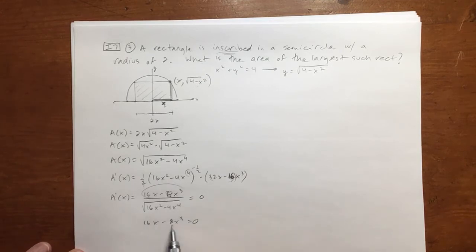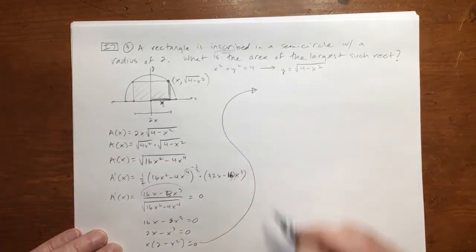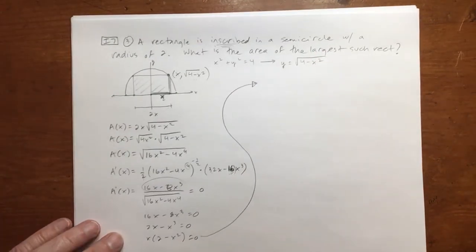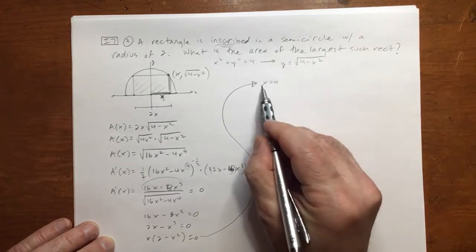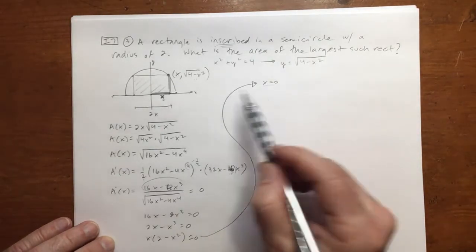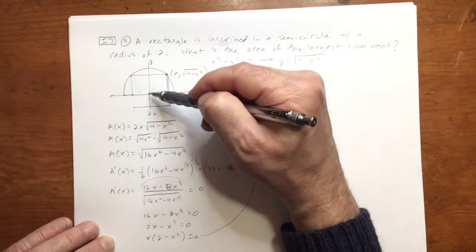Let's go ahead and factor this now. Actually, let's divide by the 8 first. So I have 2x minus x cubed equals 0. Factor out the x. I'm going to go way up top with this now. Hope you can see the bottom of that. Set each factor to 0. So maybe x is 0. Think about that. Wouldn't that give me the smallest area possible?